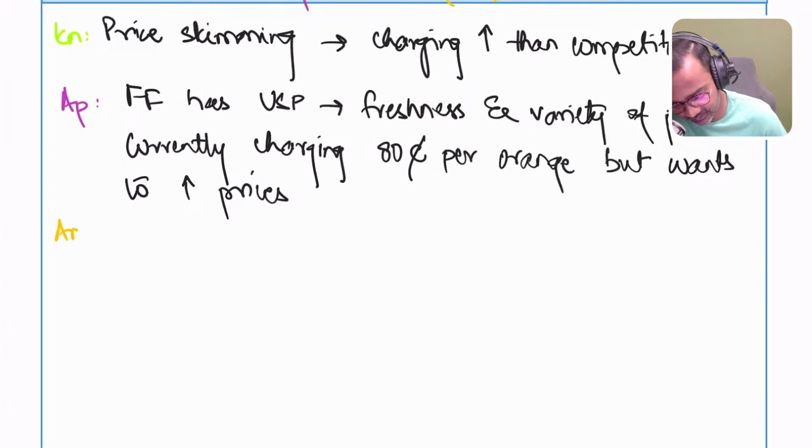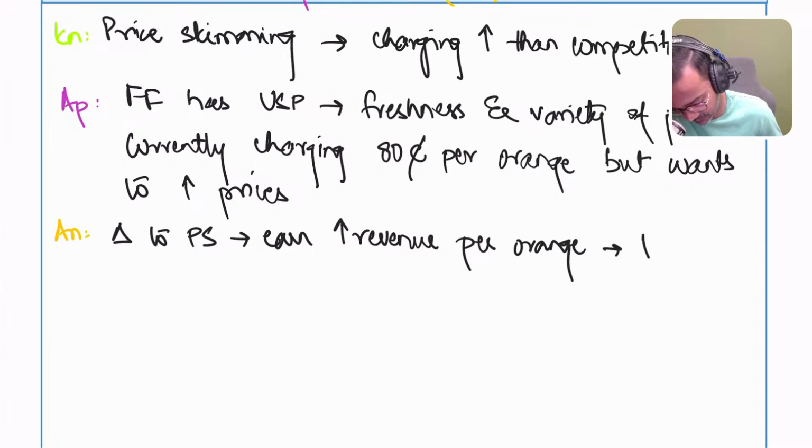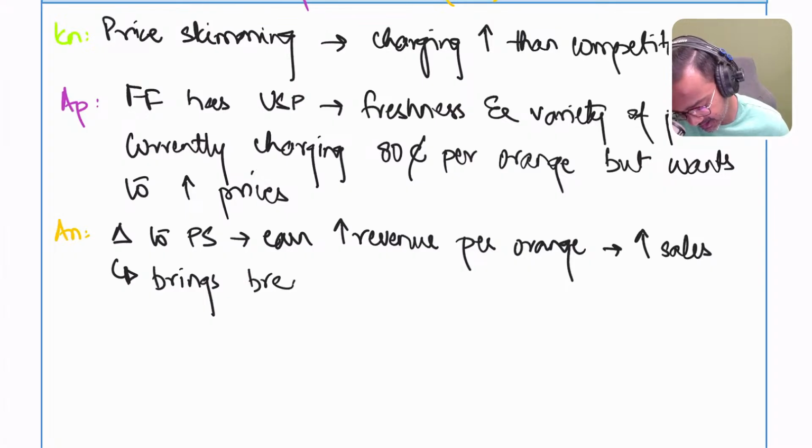The analysis is that by changing to price skimming, he can earn more revenue per orange, and that obviously increases the total sales. What it also does is bring the break-even point closer.